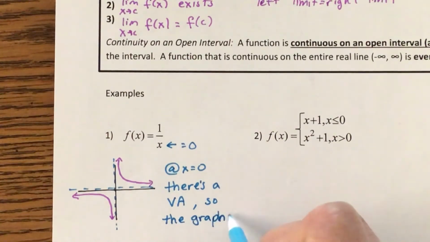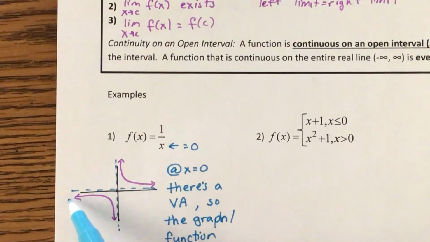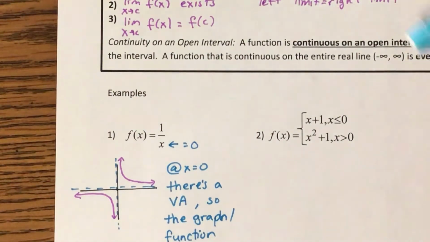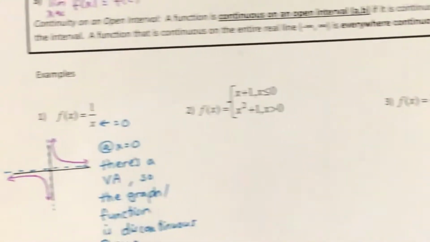You can say the graph or the function is discontinuous at x equals 0. But you can see that our function is continuous literally everywhere else, right? You don't have to pick up your pen all along here, and you don't have to pick up your pen all along here. So 1 over x is continuous everywhere except at x equals 0.